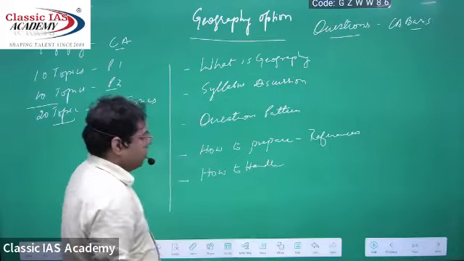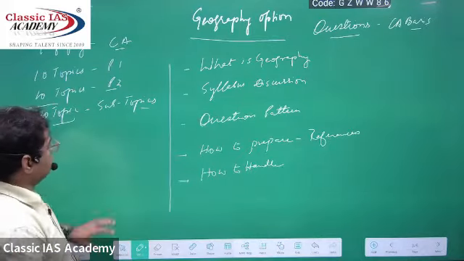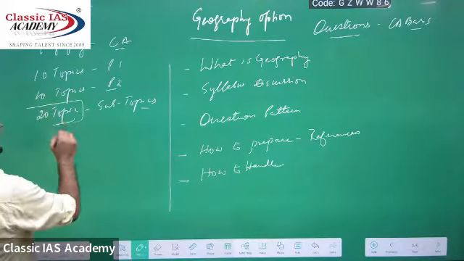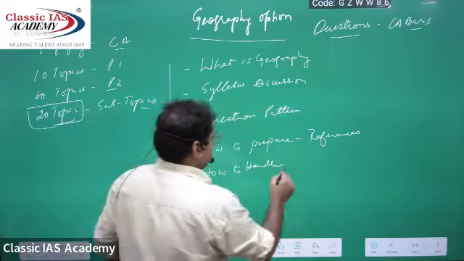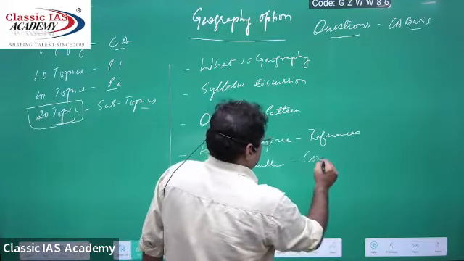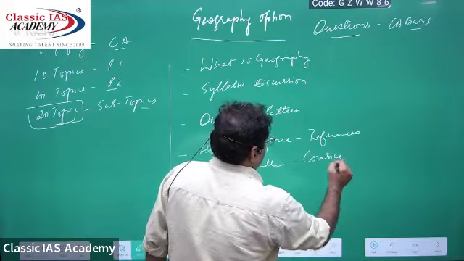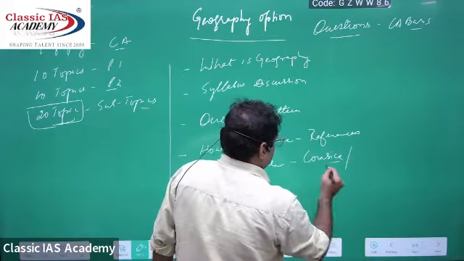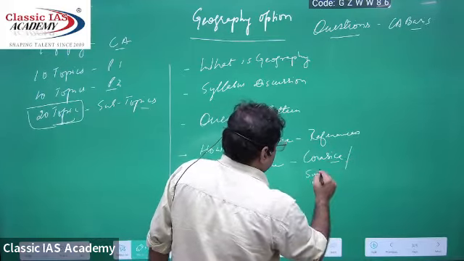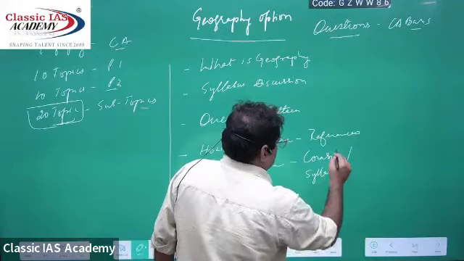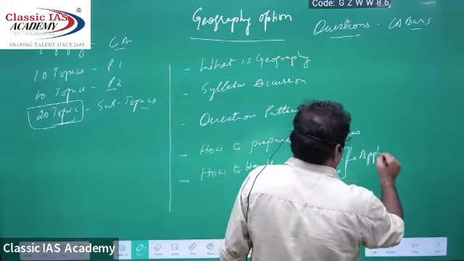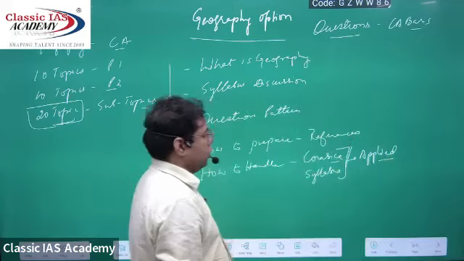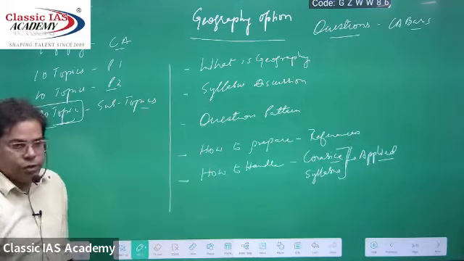Because 20 topics is not very small, but our idea is to make this a concise portion or concise syllabus. It means how the syllabus should be read, or in the application part.